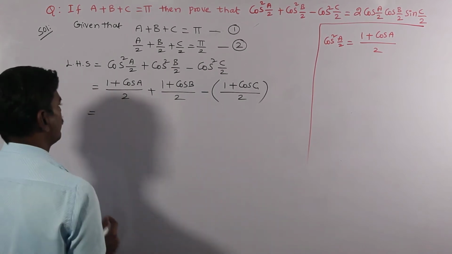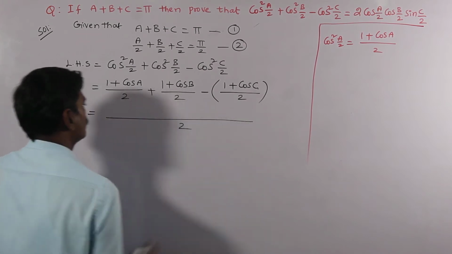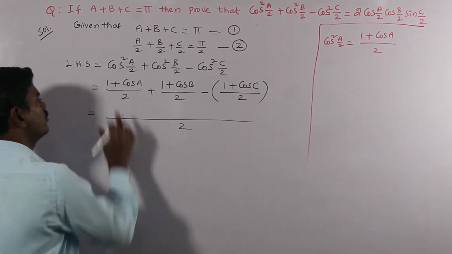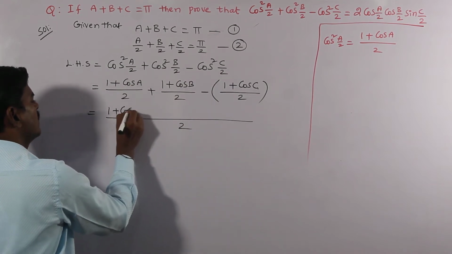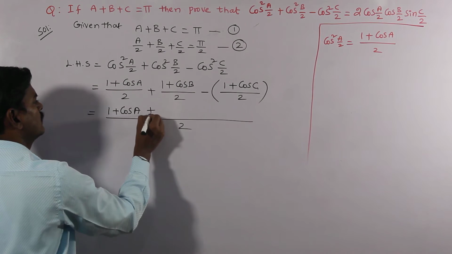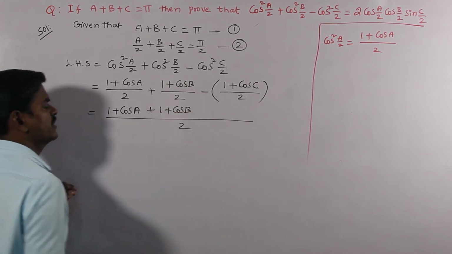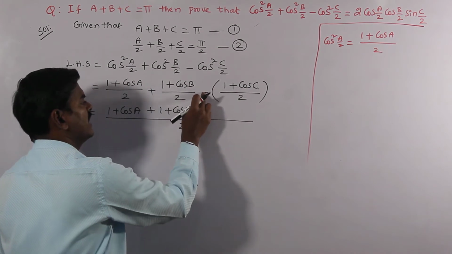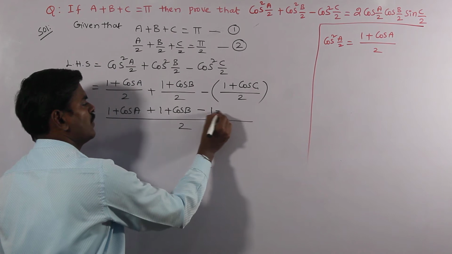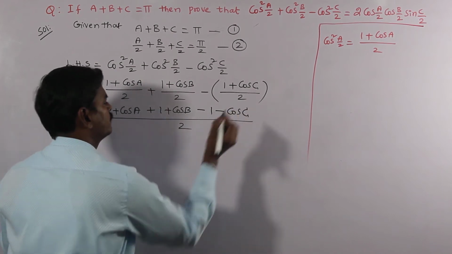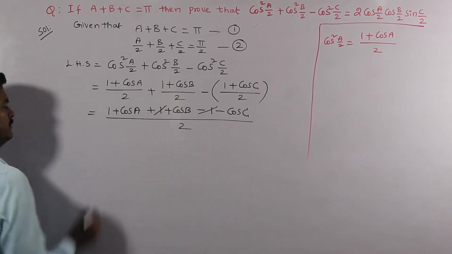Now the simplification part. 2, 2, 2. So the LCM is 2. Because all the denominators are equal, numerators can be added directly. 1 plus cos A is the numerator of the first fraction, plus 1 plus cos B is the numerator of the second fraction, and we can apply minus: minus into plus minus 1, minus into plus minus cos C. Now minus 1 plus 1 can be cancelled.